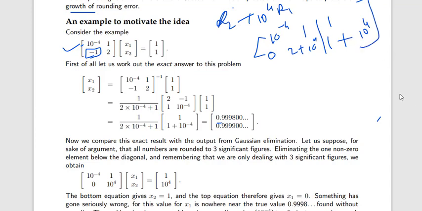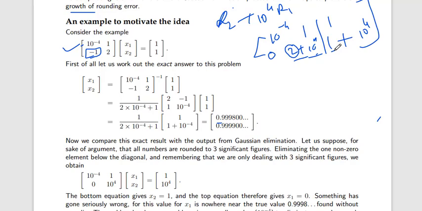Now here, if we add 2 to 10 raised to 4, it is the smallest value in comparison with 10 raised to 4. Here also 1 plus 10 raised to 4.